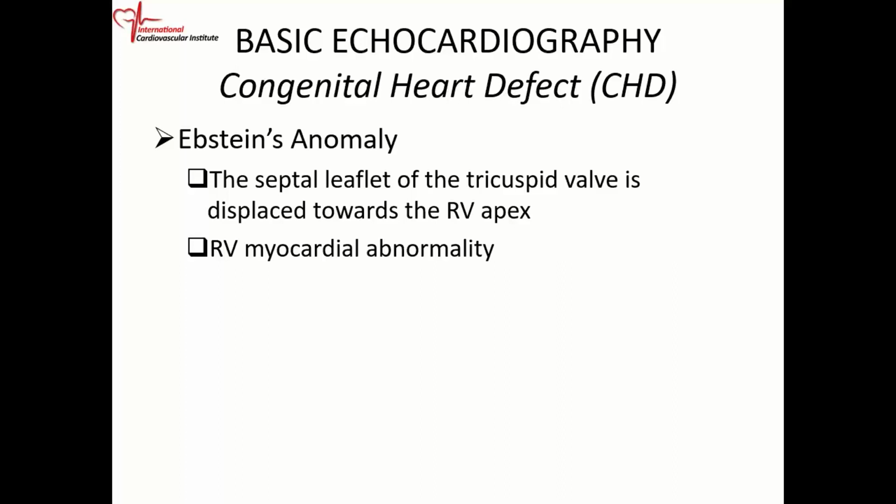So it's a situation where the tricuspid leaflet is apically inserted into the right ventricle. It is lower in the right ventricle than normal, to the point that it looks as if there is no RV. Because it's so low into the ventricle, you have a huge right atrium and a very small right ventricle.